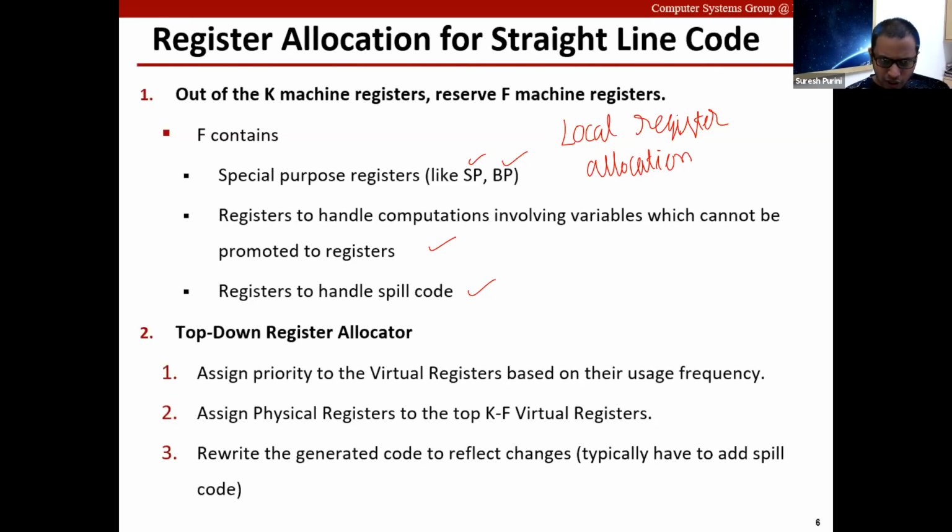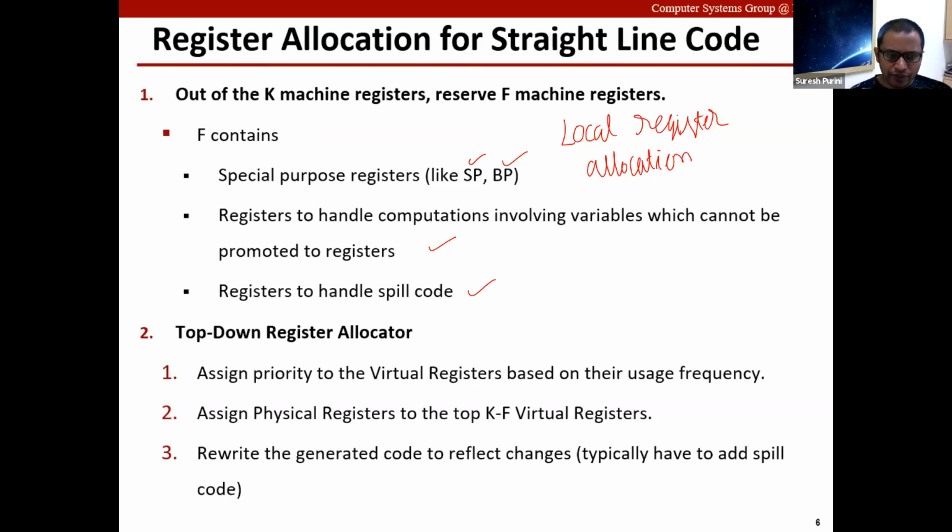The first algorithm that we are going to see is a very simple algorithm. We look at the basic block and at the various virtual registers present in it, compute the frequency with which different virtual registers are used, and prioritize them. The virtual register which is used the most number of times should get priority for a physical register.